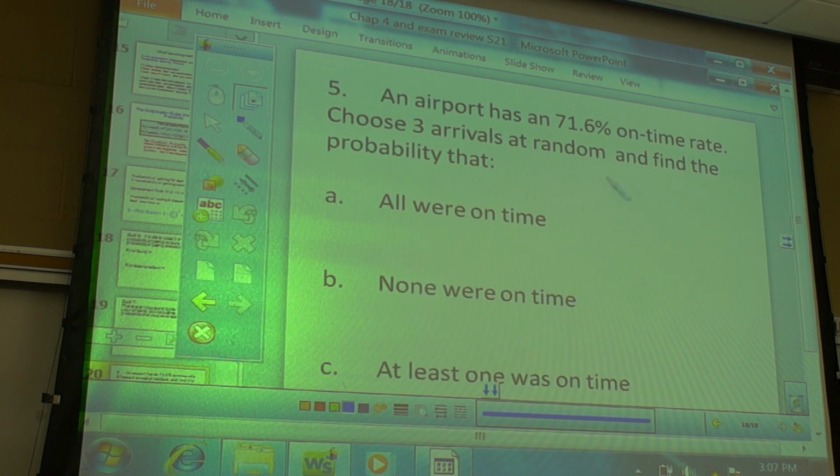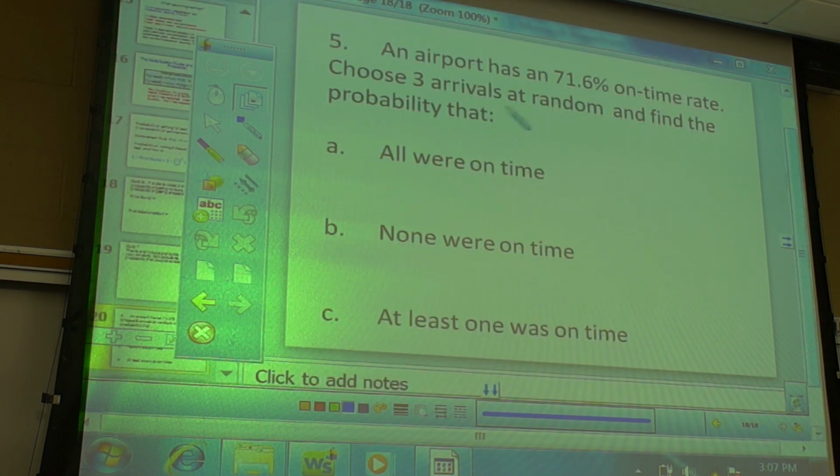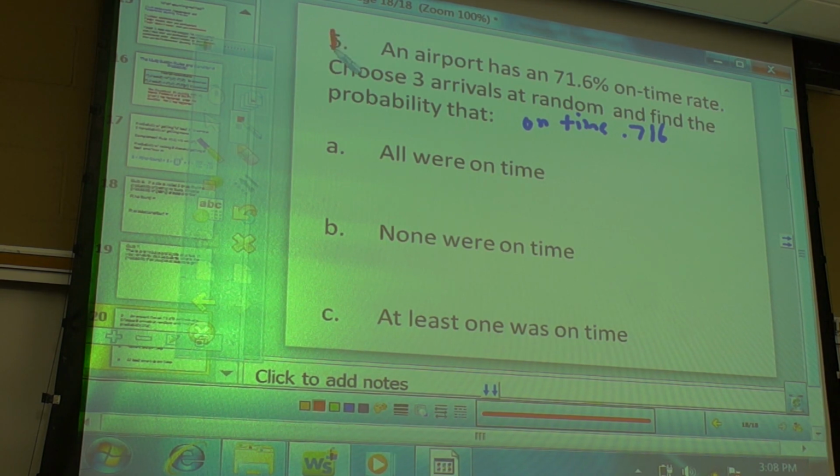All right, so all were on time. So the probability that was on time is 0.716. This is quiz problem number 1 from quiz 4.3.